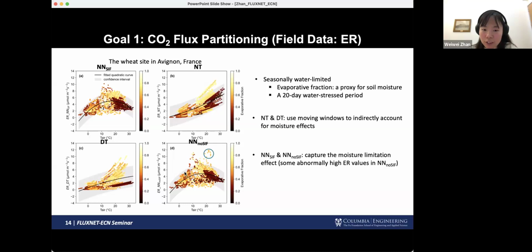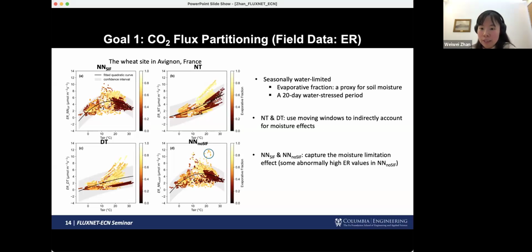Under those conditions, we find that both our SIF and no-SIF methods are able to capture the moisture limitation effect on ecosystem respiration. This can be seen in the relationship between air temperature and respiration. It first increases and then transitions to a decreasing relationship under low evaporative fraction conditions. But the nighttime and daytime methods do not include moisture as a direct input.